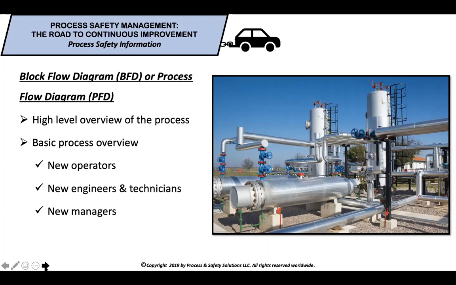It's much easier to start out with a simplified flow diagram to show the overview of how the process works and the various components within the process itself. Again, great for new engineers, technicians as well, even managers that come on site. They may not need to know all of the details on how the process works, but certainly an overview would be appropriate.